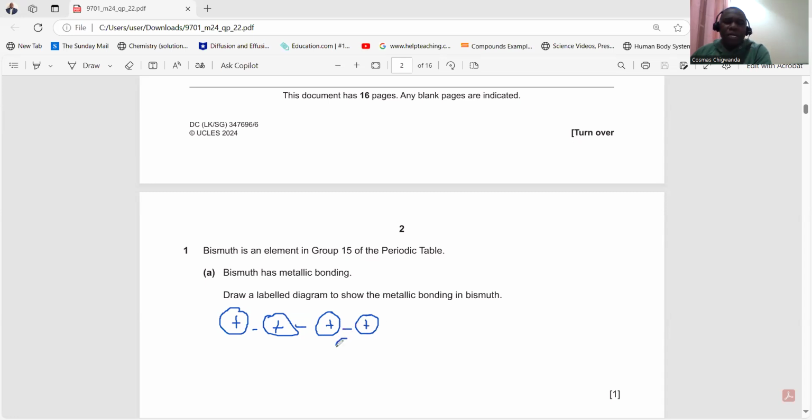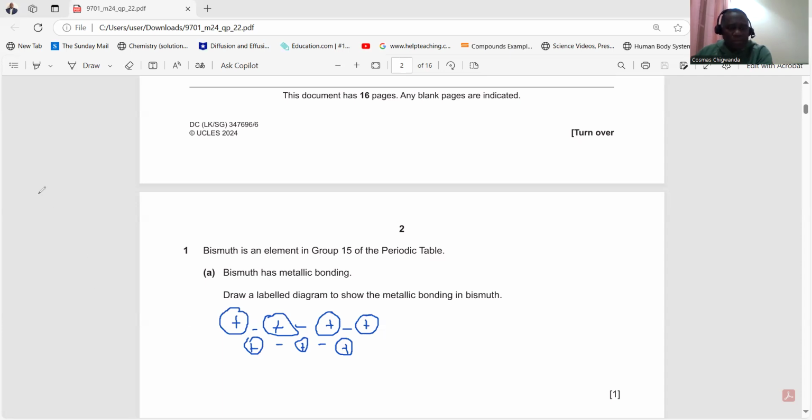There is supposed to be electrostatic attraction, so there should be opposite charges here. An electron here and a positive ion there, an electron there and a positive ion here. Obviously when you draw in your exam, you're supposed to draw good circles, but in essence we just want a regular arrangement of the positive ions, surrounded by a sea of delocalized electrons. So that is the acceptable diagram here.